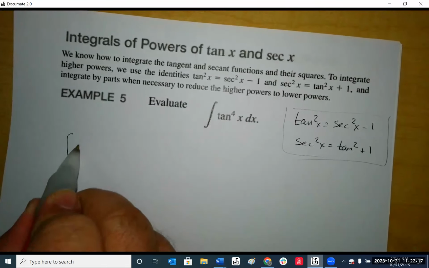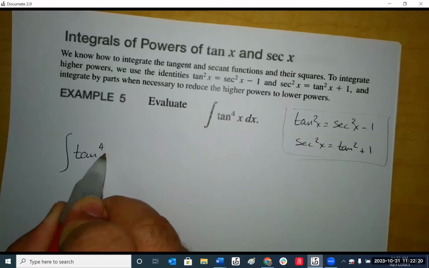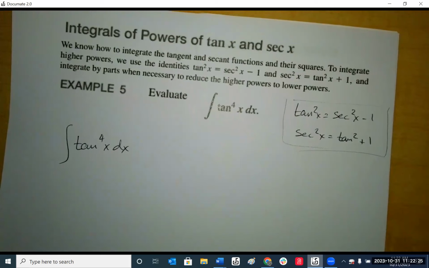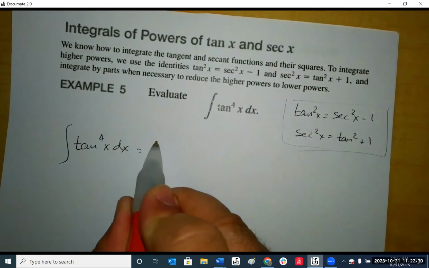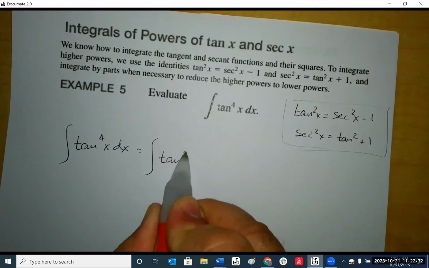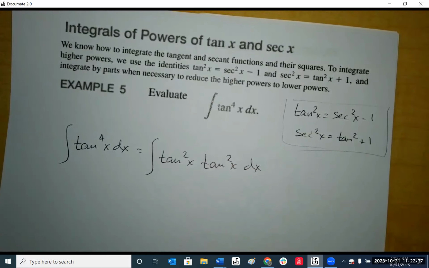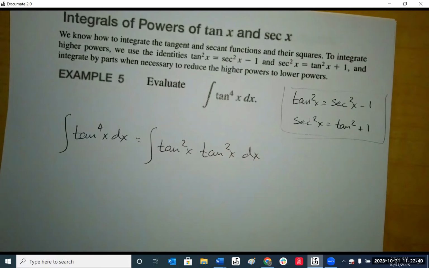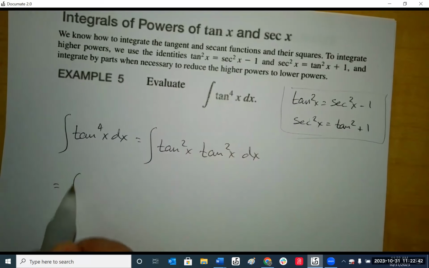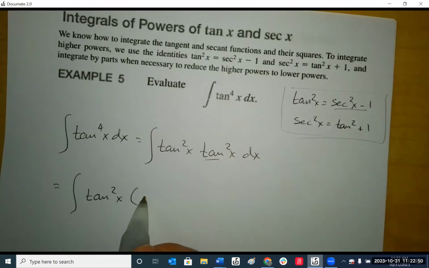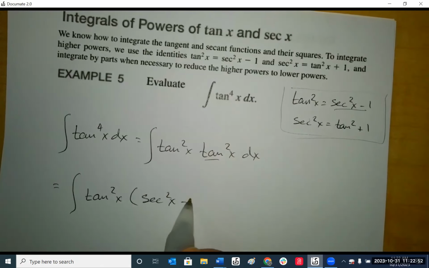So evaluating the integral of tangent to the 4th x dx. Okay, these are all in squares. So what we have here is tangent squared x times tangent squared x dx. Tangent squared x. And this one we'll write as secant squared x minus 1.